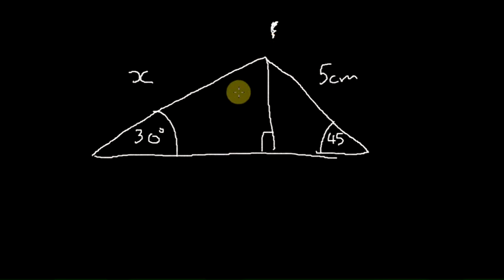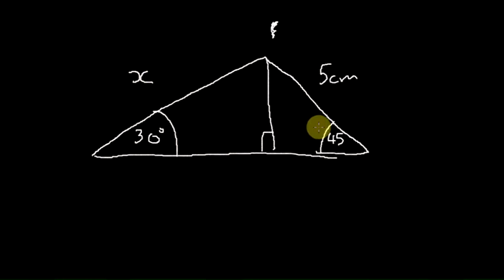So clearly there's a lot of information here, and at the same time not enough information, it seems. So where do you start? We want to find that one. If we used our trig with this angle here, we don't have this length here or this length here to find x.